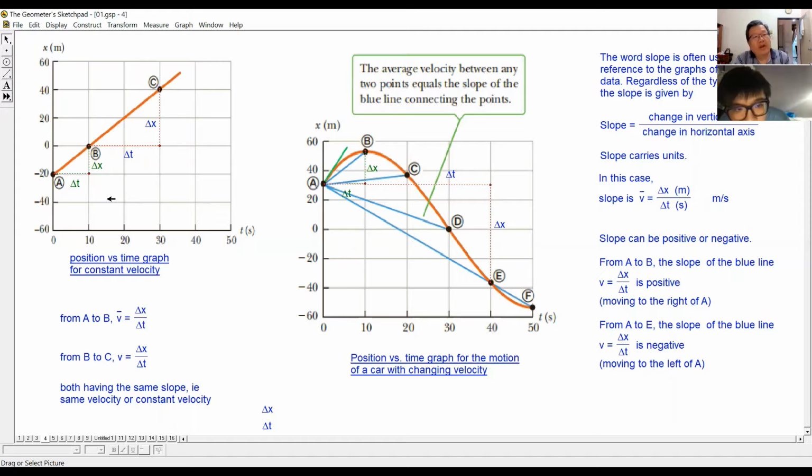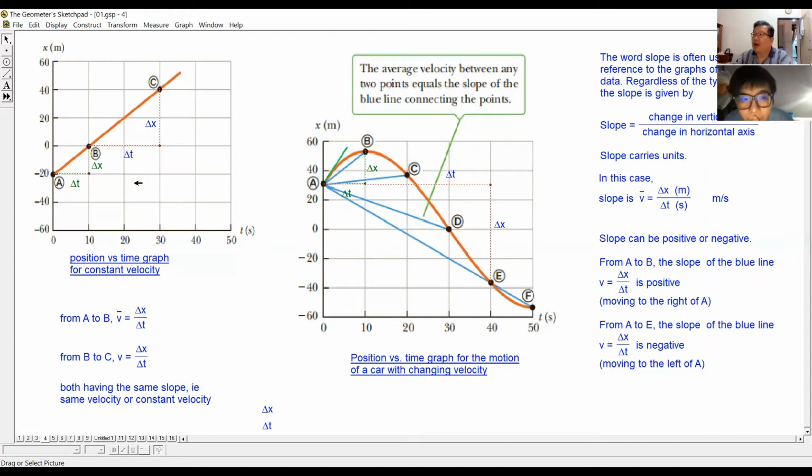So what we normally do is we use the difference in position, delta x, divide by the difference in time, delta t. Delta x over delta t will give us the average velocity.